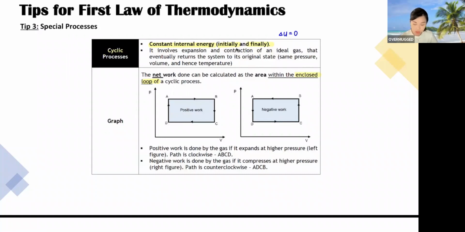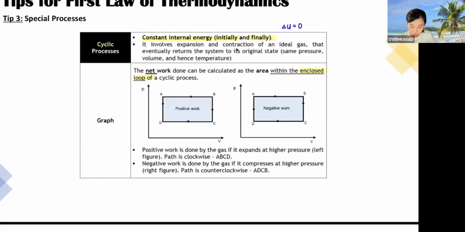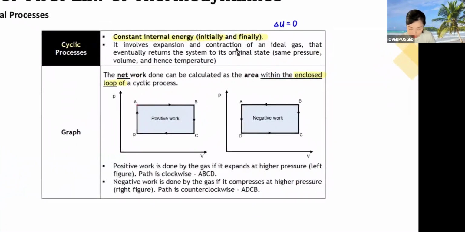And as such, we want to see whether it is work done by the system or on the system, so we look at the loop. If you realize I change in volume from A to B, which is expanding, can you see that I'm getting bigger? And the area under the graph is bigger than when I compress back from C to D, which is this part here. Then this means that this is positive work done by the gas. Understand? Because it's expanding.